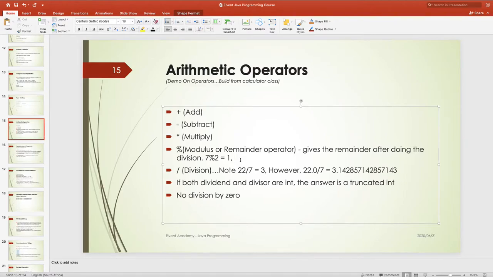If I say 8 modulus 5, that is, the divisor is 5 and the dividend is 8, and we apply a modulus operator between them, that means the remainder after dividing 8 by 5, which is equal to 3. As simple as that.